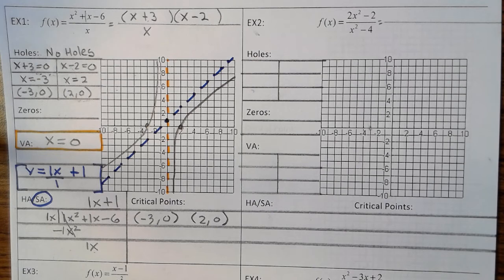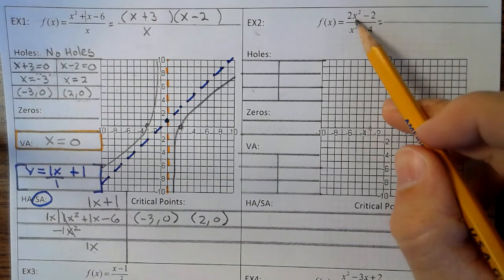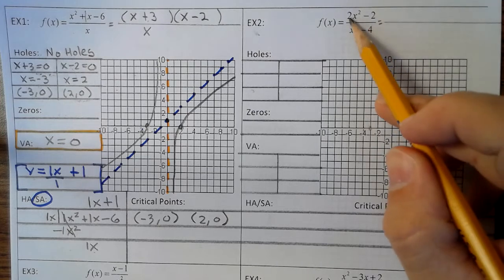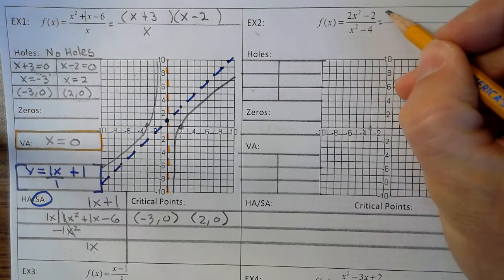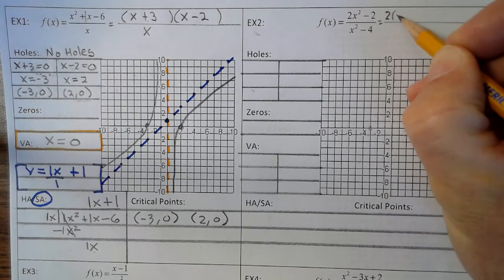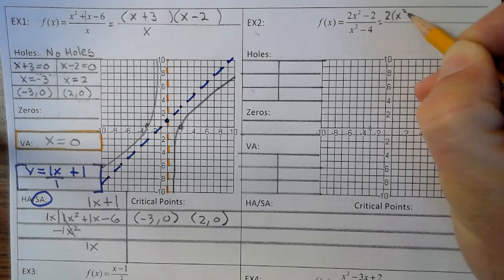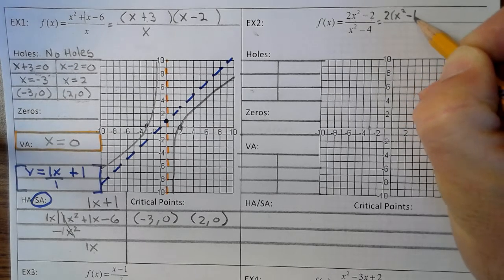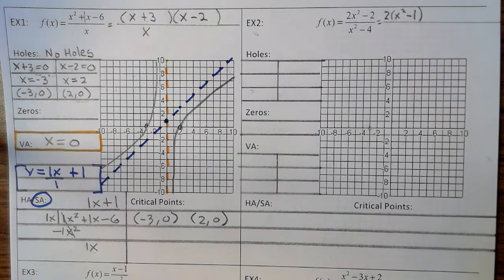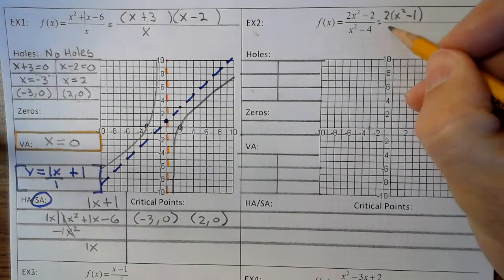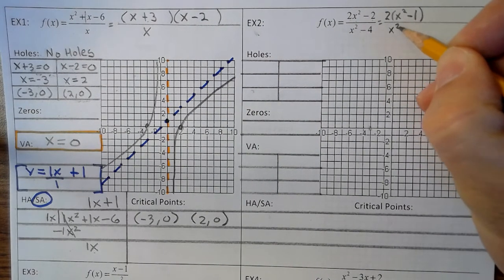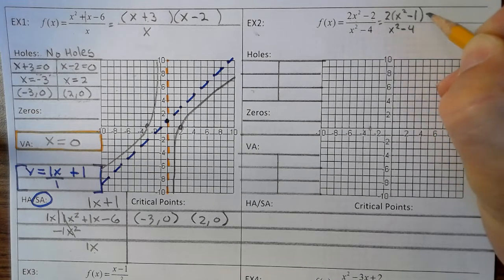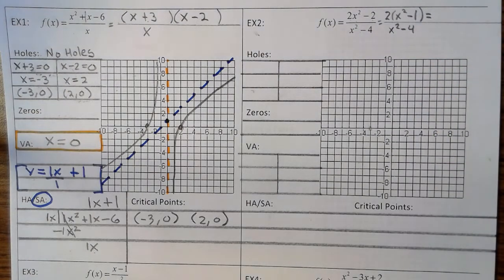All right, let's take a look at example 2. Now, the first thing we're going to do is factor the numerator and denominator. So here we can divide 2 out of both terms. So we're left with 2 times x squared minus 1. And for the time being, let's just leave that as x squared minus 4. Okay.